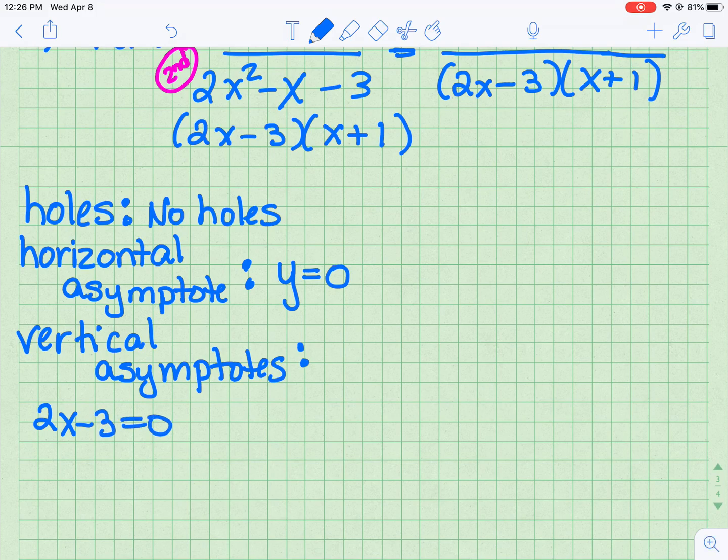And the other one, I'm going to turn this down a little bit, is where x plus 1 equals 0. So we have 2. Our first one, if we solve that first one, x is going to equal 3/2. And the other one's going to be x equals -1. Does that make sense where I got those numbers?